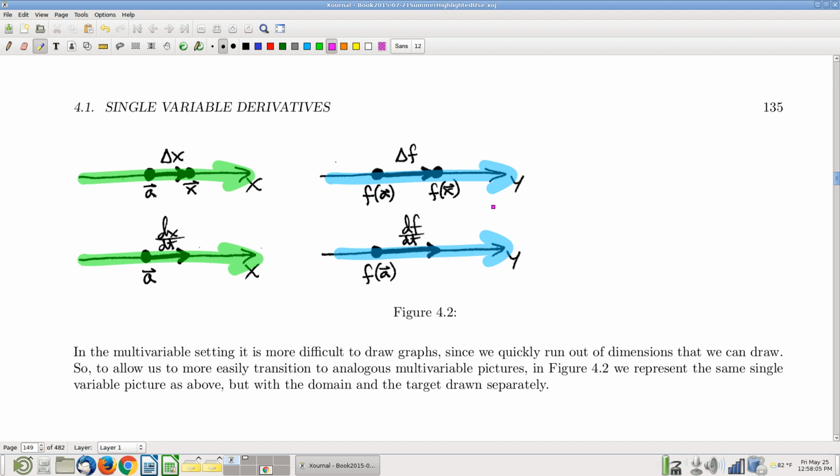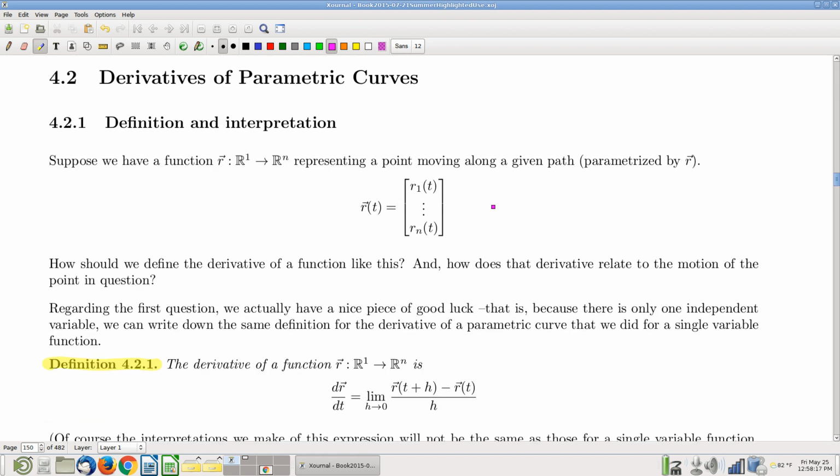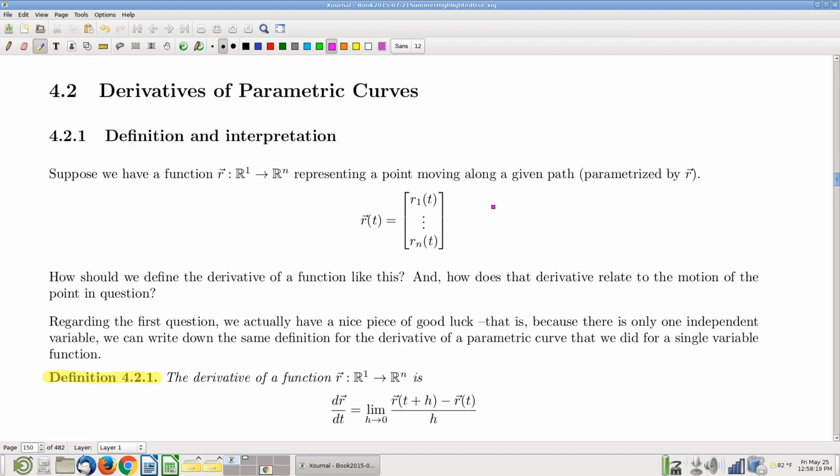Input velocity, what is the corresponding output velocity? It's really helpful in order to do that to have an already developed idea of derivatives of parametric curves. So this is a little bit of a digression, kind of, a little bit, but not that much.